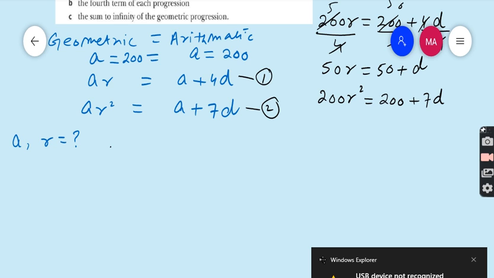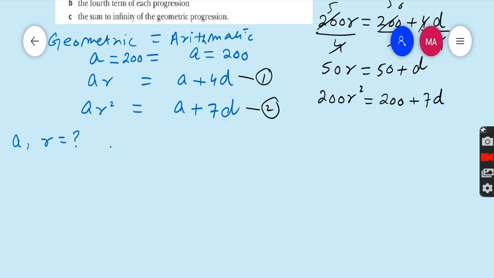50r is equal to 50 plus d. 200 r square is equal to 200 plus 7d.